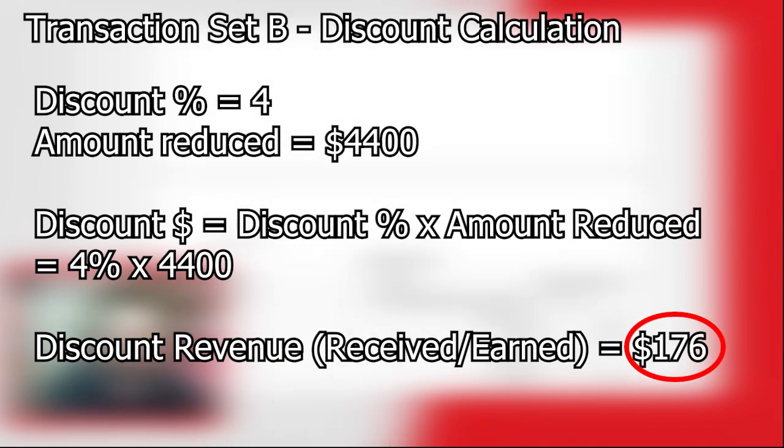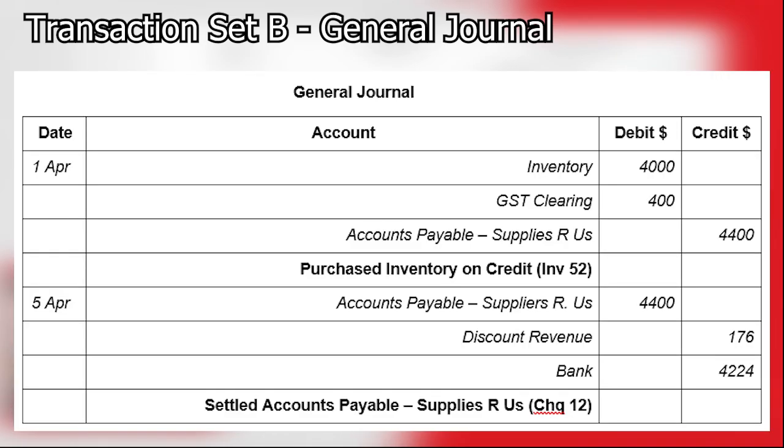It's important. We then look at the general journal and we see everything is as it was before in the credit purchase video. Inventory is 4,000 debit, GST because we paid 400 debit, but accounts payable is a credit 4,400.